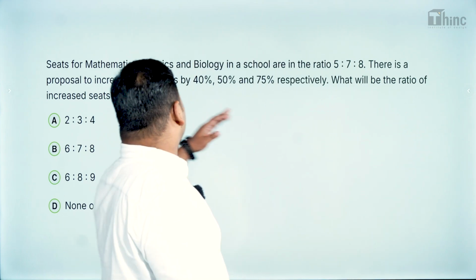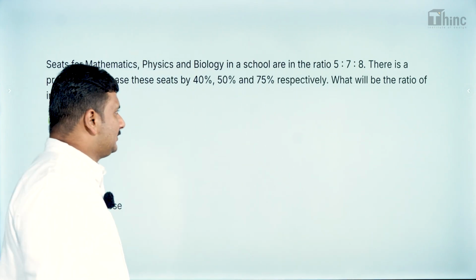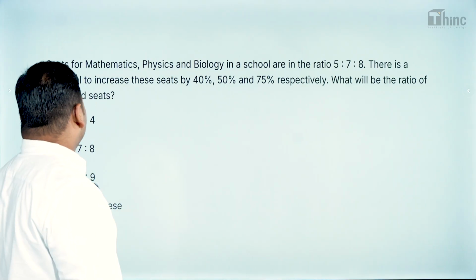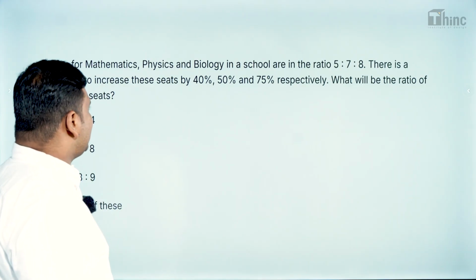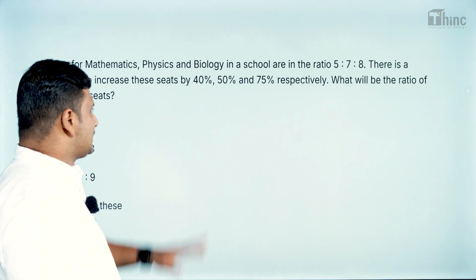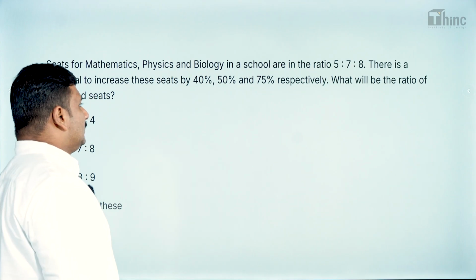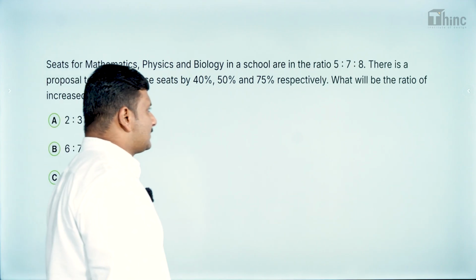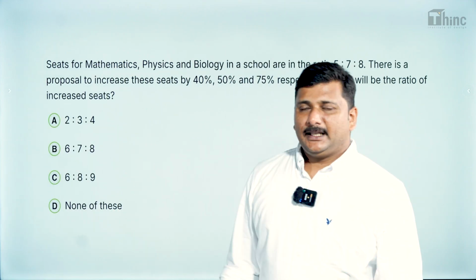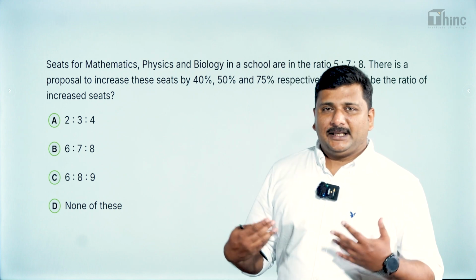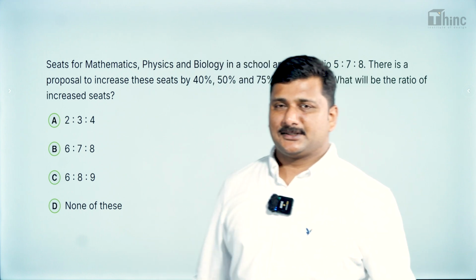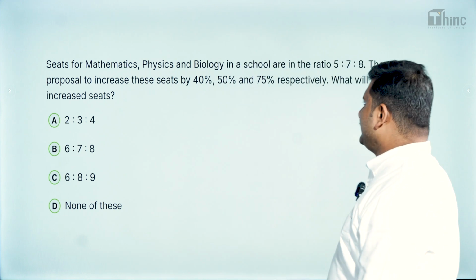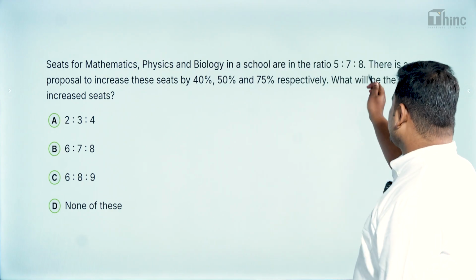The seats for maths, physics and biology are in the ratio 5:7:8. There is a proposal to increase these seats by 40%, 50% and 75% respectively. What will be the ratio of the increased seats? Again, this is a question where ratios and percentages are coming together actually. So seats for maths, physics and biology are in the ratio 5:7:8.